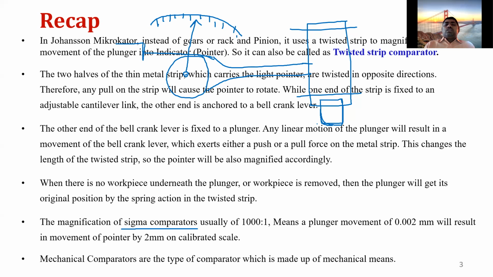So this is the construction, and when it comes to the working principle, the workpiece is placed on the surface plate under the plunger. Any linear movement of the plunger causes the rectangular bar to move either up or down.